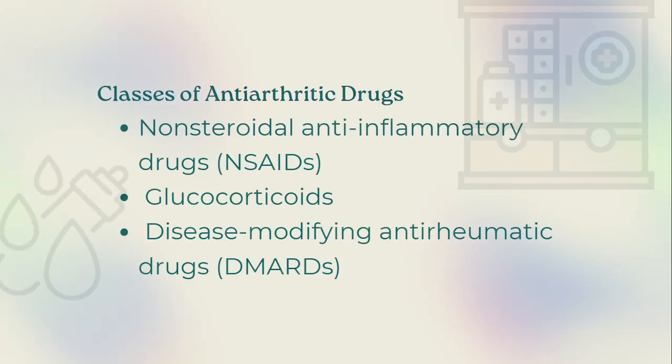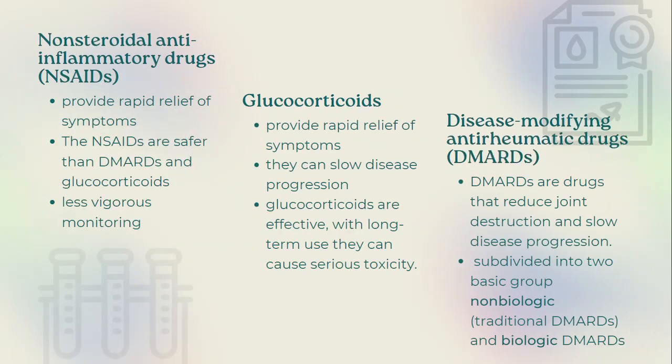Classes of anti-arthritic drugs: we have non-steroidal anti-inflammatory drugs or NSAIDs, glucocorticoids, and disease-modifying anti-rheumatic drugs or DMARDs. These major groups differ with respect to time course of effects, toxicity, and ability to slow rheumatoid arthritis progression.